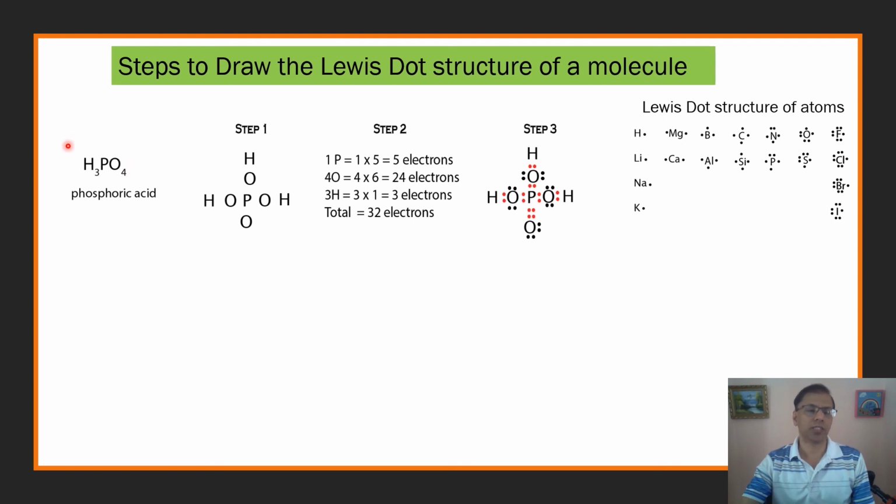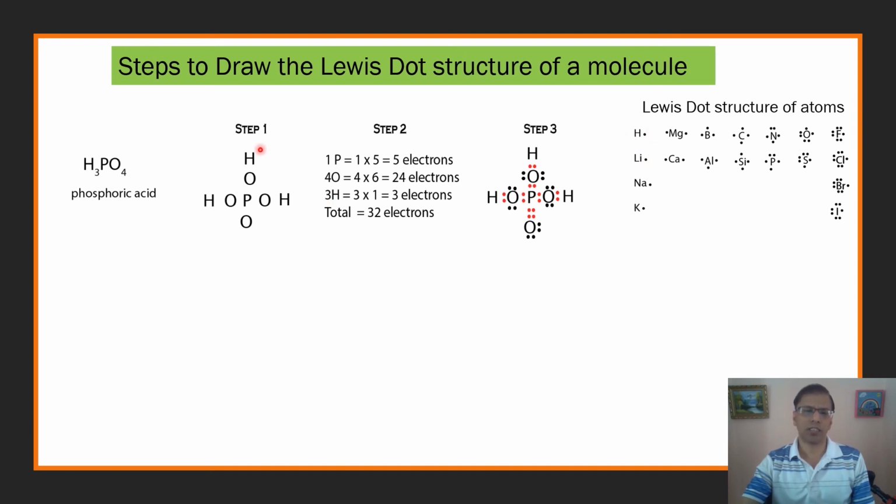So we need to arrange these atoms in step 1 based on the number of electrons in the valence shell and how many bonds each atom can form. For example, hydrogen has 1 electron, so it can form 1 bond.